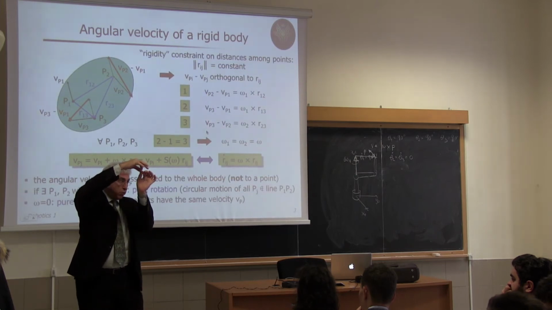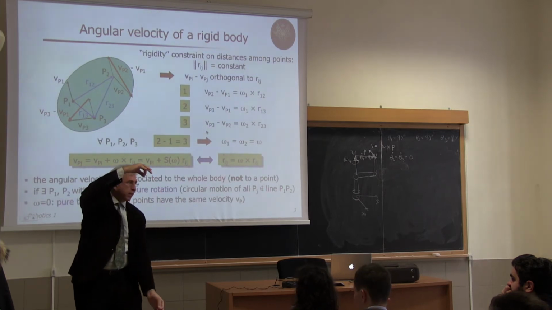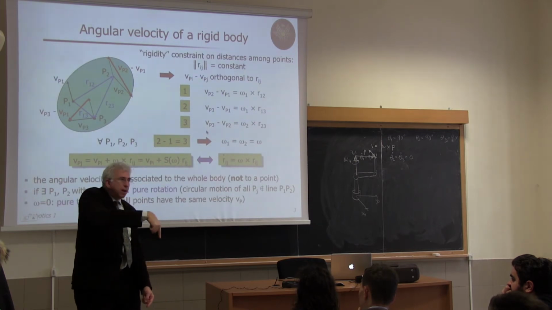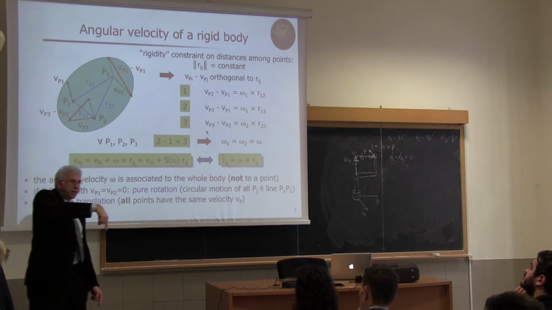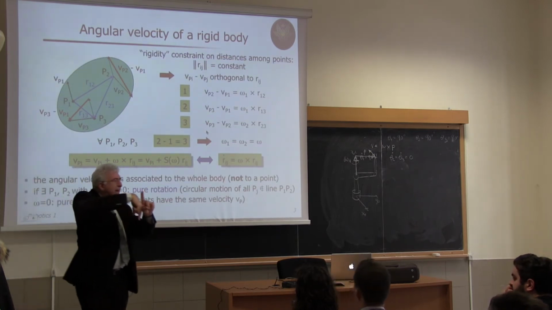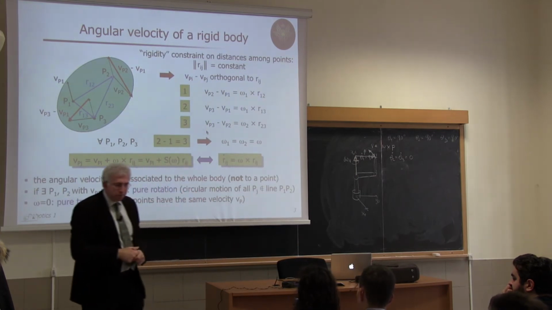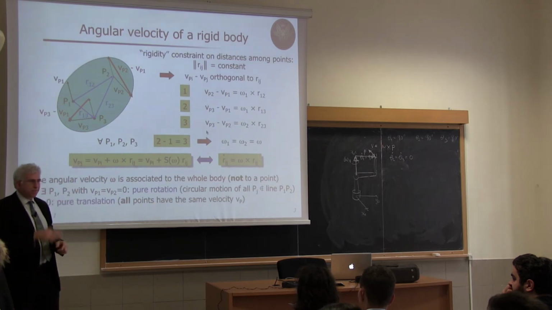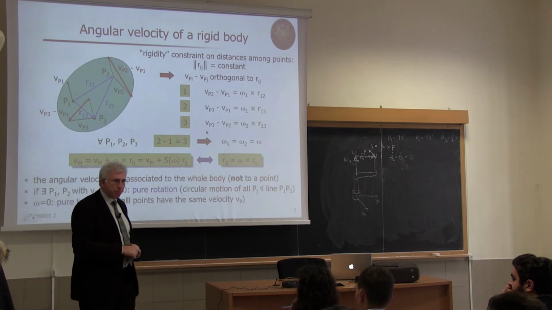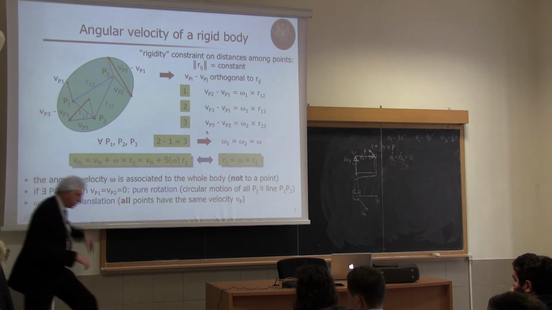Because the vector going from the pole to one of these points, which is internal to the Earth up until you get out at the South Pole, has a position vector r_ij which is aligned, sorry, I said orthogonal, which is aligned with omega, so the vector product is 0. Okay? So this is important. Keep this in mind.